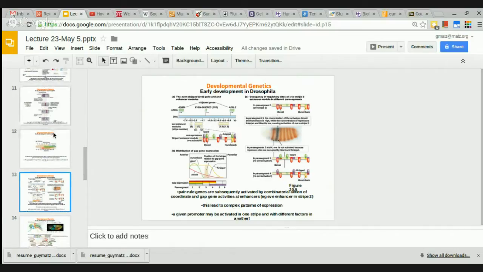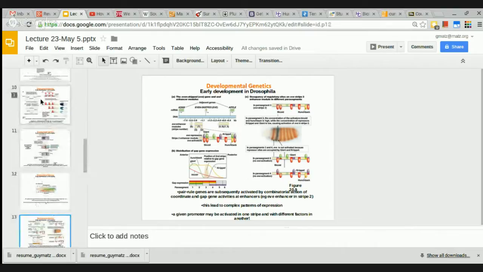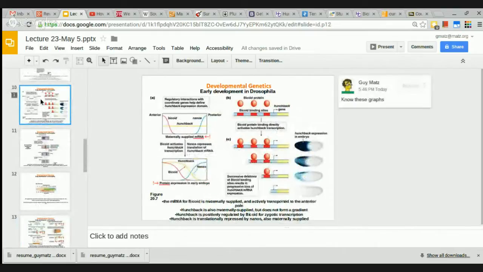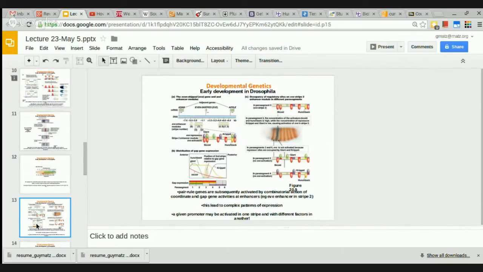Okay, so following that, in answering that question, I essentially summarized this slide: the complexity in the regulatory region of pair-rule genes that are downstream from gap genes in the hierarchy. And this is even a simplified view.